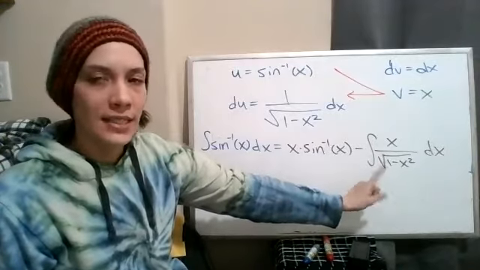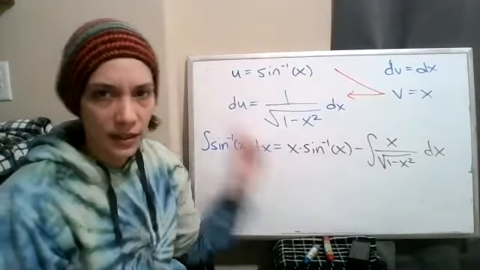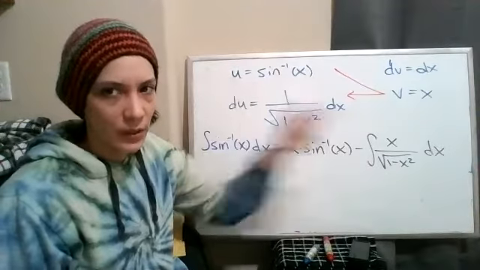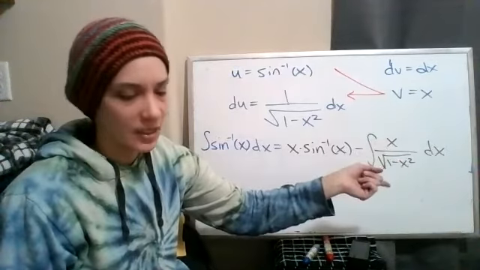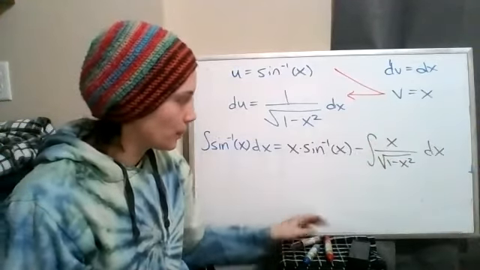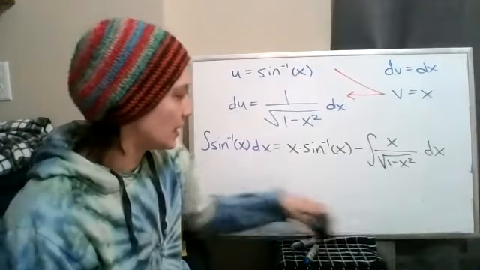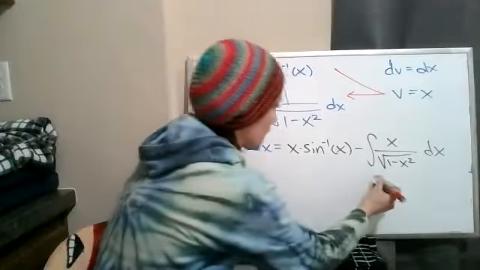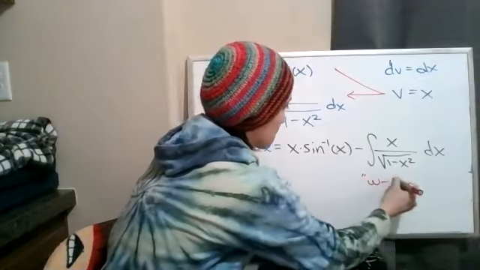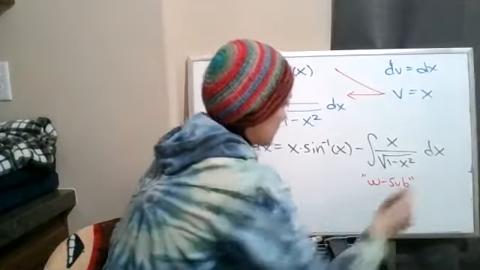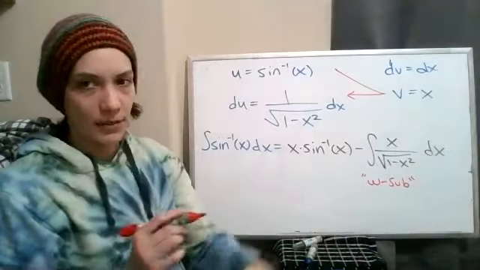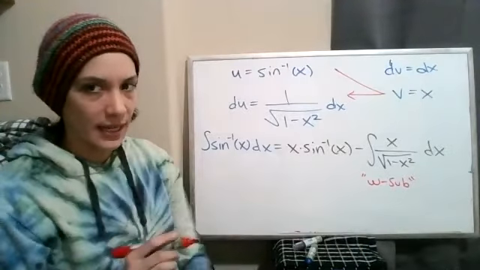This one needs a u sub, or we've used u already, so we could do something like a w sub. Say w equals 1 minus x squared.